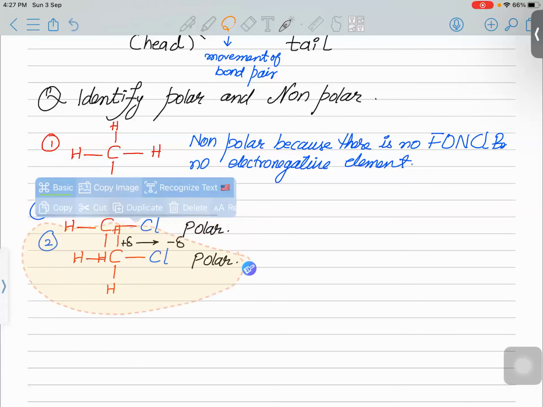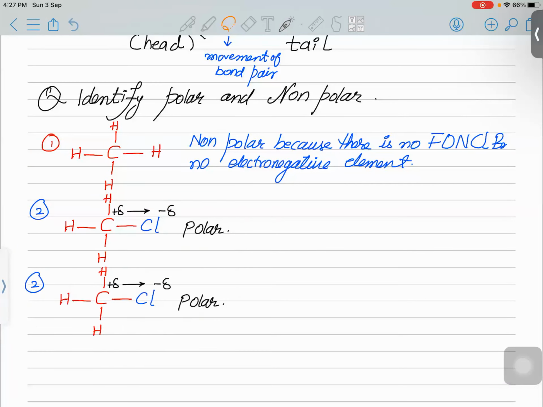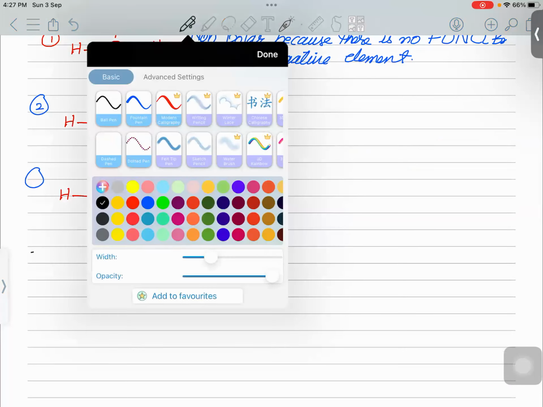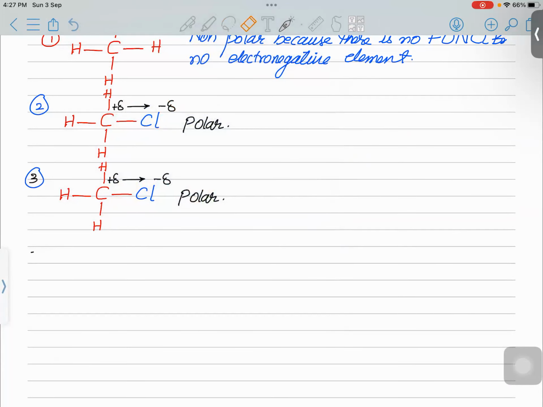Now question number 3. Yes, polar, non-polar. Non-polar. Why non-polar? Because Cl cancels out Cl. Exactly, because the dipole moment is cancelled out. Because the central carbon is in equilibrium. Right-hand forces are equal to left-hand forces.